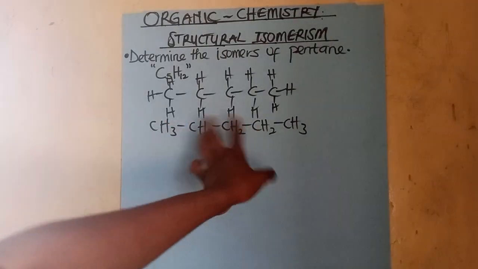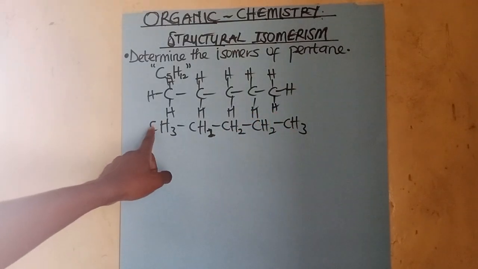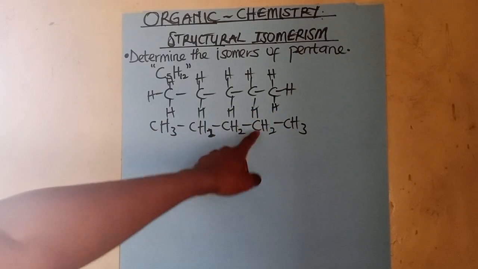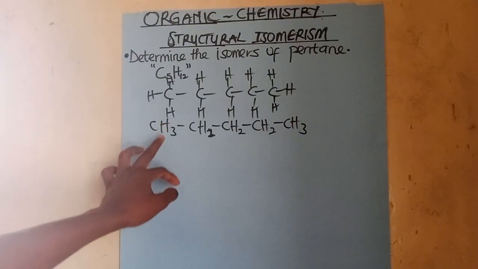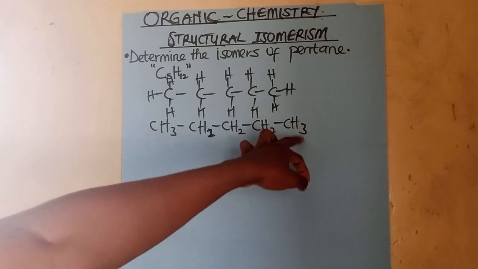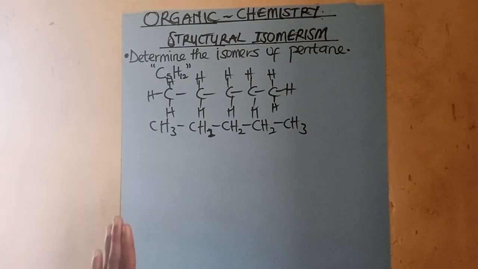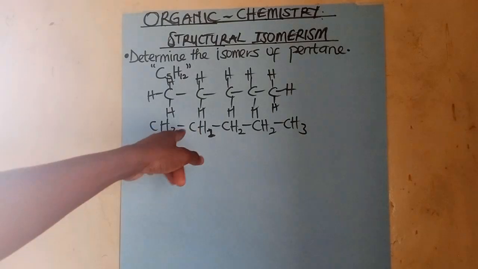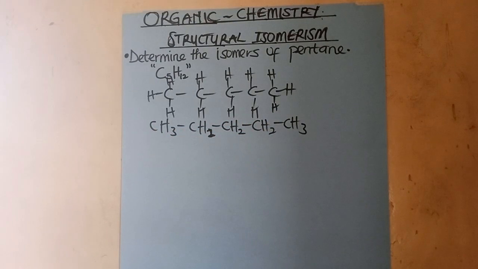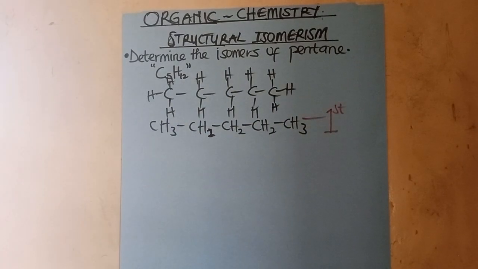So this structure itself is pentane, because it has 5 carbon atoms, 1, 2, 3, 4, 5, and 12 hydrogen atoms. So this is the first isomer of pentane. Now, let us look at the second isomer.